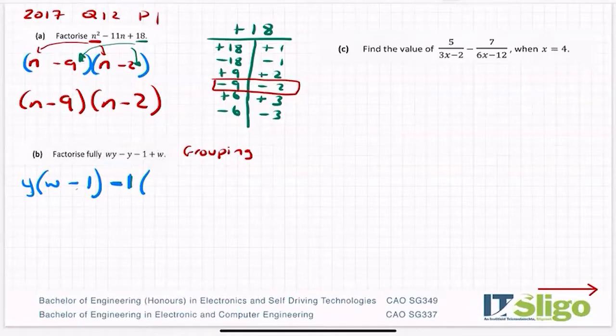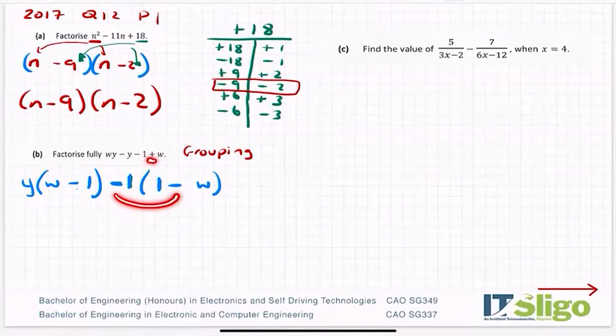So I'm taking the minus 1 outside, so minus 1 by 1 will give me my minus 1. Minus 1 by what gives me plus w though? Well, I need another minus w. And why did I need that other minus? Because minus by minus has to give me that plus.